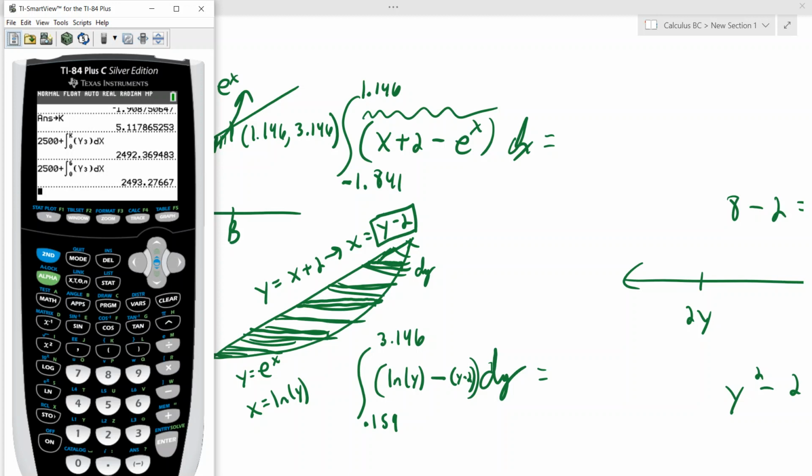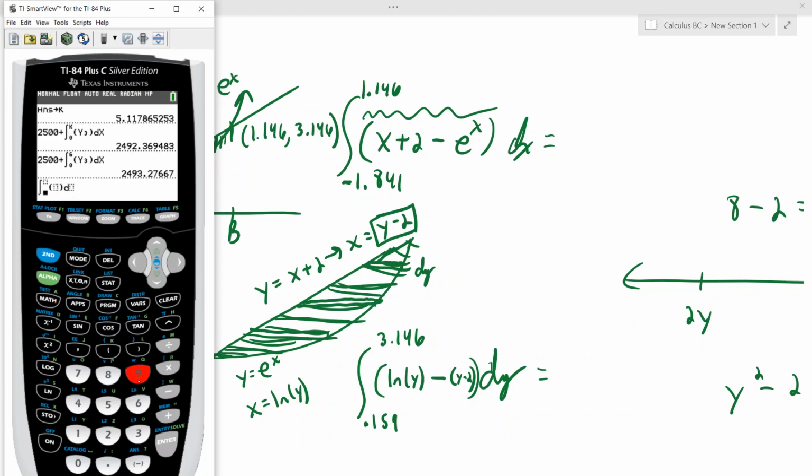Okay. If we do math 9, we're going to integrate from -1 point 0.841 to 1.146 of x plus 2 minus secant e to the x.